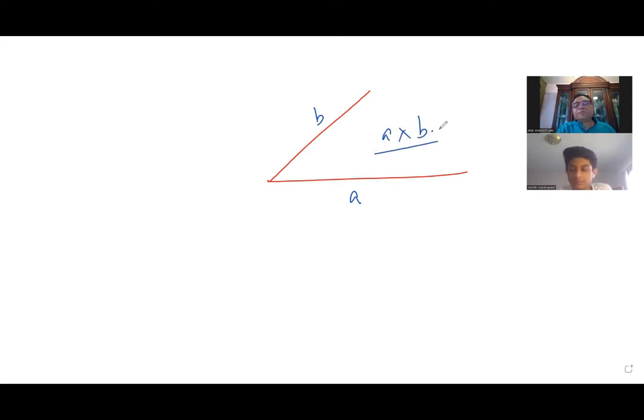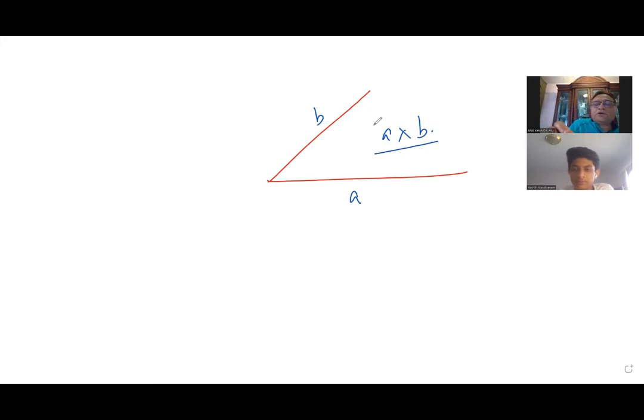So, in this case, let's understand A cross B now. When we did A, B, C, let me just draw something here. Let's say this is A, this is B, right? When you did A cross B, you actually got a direction.